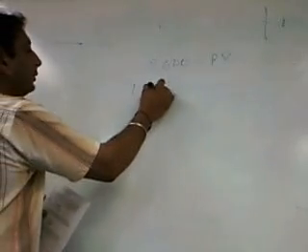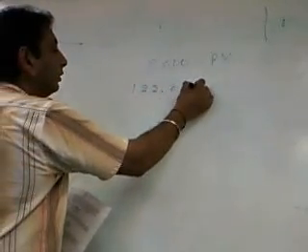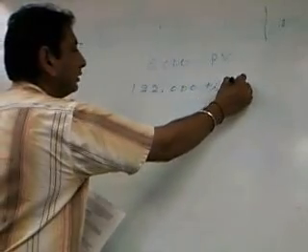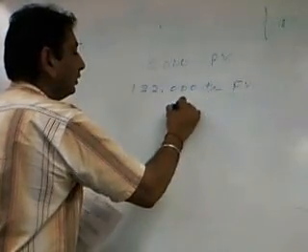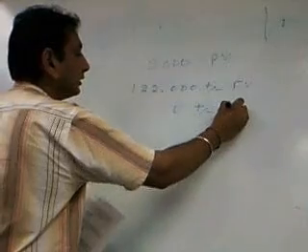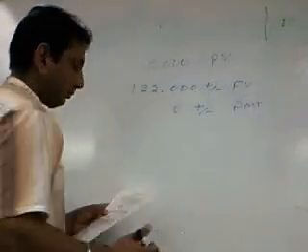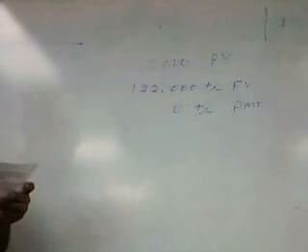What's the future value? 122, plus minus future value, 0 plus minus payment. What's the N here? 8.